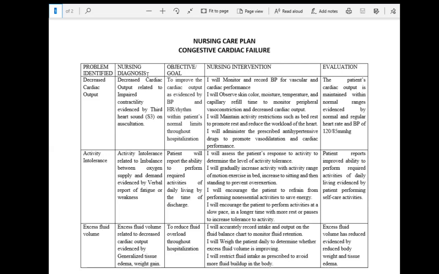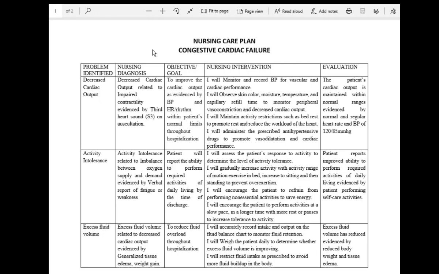Our second point is I will observe skin color, moisture, temperature, and capillary fill time to monitor peripheral vasoconstriction and decreased cardiac output. Here the left ventricle is ejecting less blood into the body, which means that there will be less oxygenated blood going to all parts of the body.